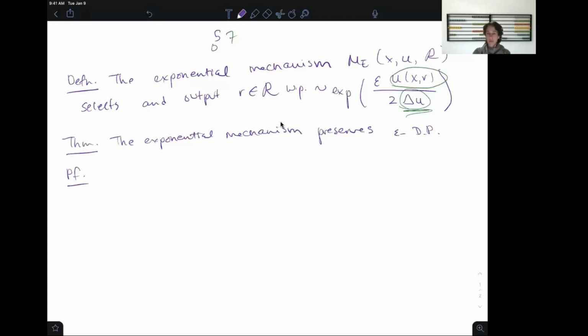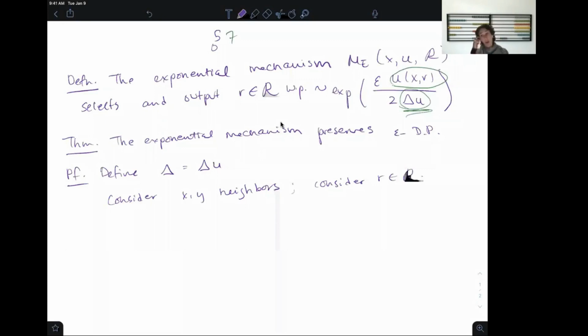Then, just so that I can write fewer symbols, because this proof involves writing a lot of symbols, define delta to be my delta u, so I just have to write fewer u's. What do I have to do? I have to consider a pair of neighboring databases, and consider some r in the outcome space.